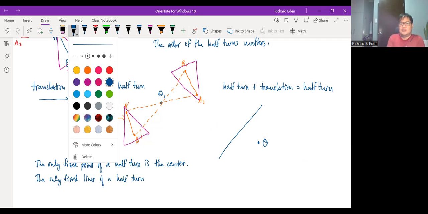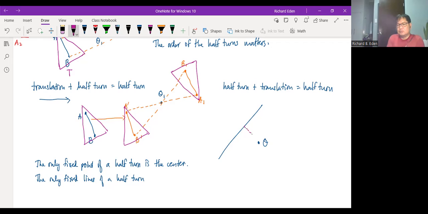Now, if you take, for instance, the point on the line that's closest to O, and call that point P, then the image is going to be this other point Q. And then the image of line L should be parallel to it, but this time it would pass through point Q. So this would be the image L prime. But here's the thing. The line L is different from its image L prime.